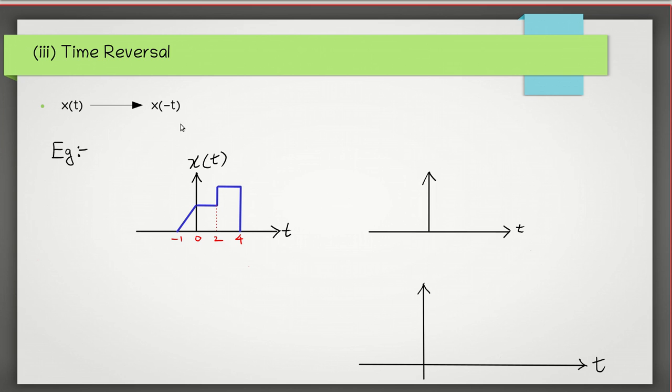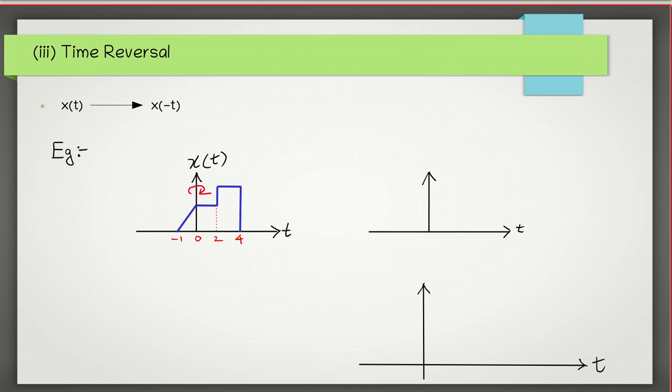Now what happens here is, whenever we apply the time reversal property to any signal, the signal which is present in the positive half of the time t axis gets interchanged with the signal which is present in the negative half of the time axis. That is, the positive half becomes the negative half and the negative half becomes the positive half. This can simply be obtained by rotating the signal about the vertical axis, that is about the x of t axis. Just by rotating this, the positive half will become the negative half and the negative half will become the positive half.